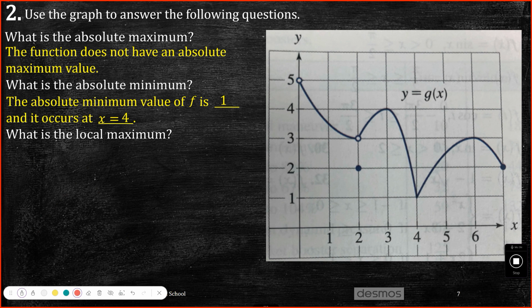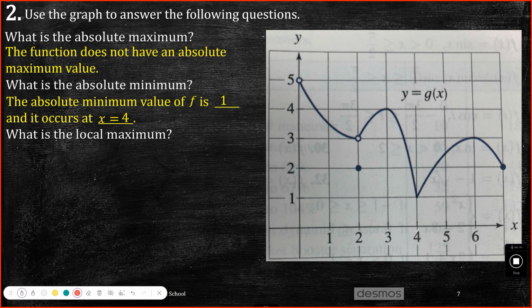What is the local maximum? Does it have a local maximum? 4 and 3. Because locally, what it's saying is around this neighborhood and around this neighborhood, this is the highest, and around here is the highest.